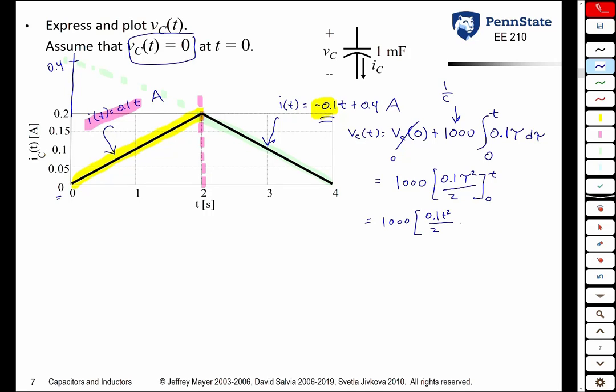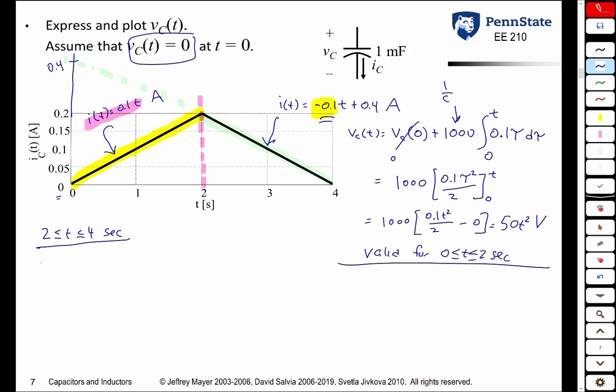And you subtract from that the value of the thing in brackets evaluated at 0. 0 squared is 0. So you get that. And you work it all out, you get 50 t squared volts. This thing was valid for t between 0 and 2 seconds.